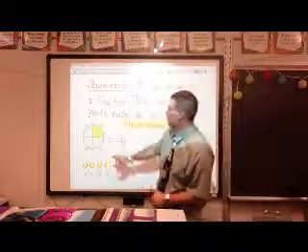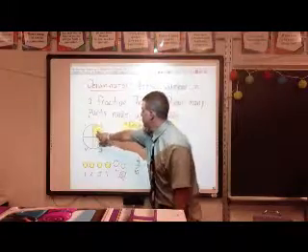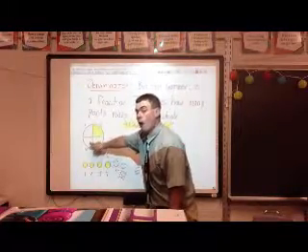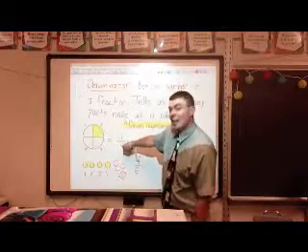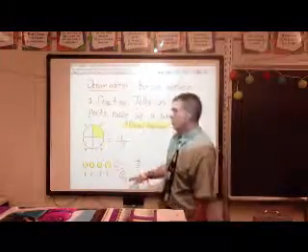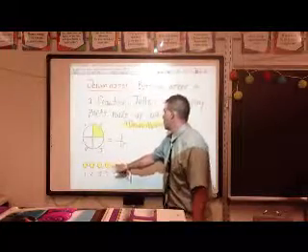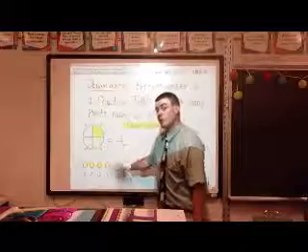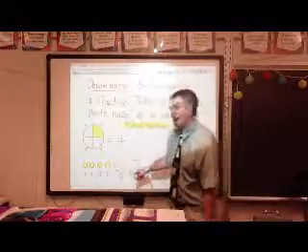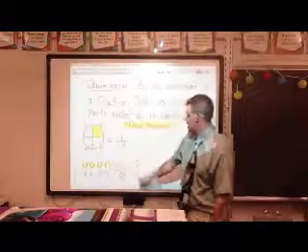Let's take a look at a circle. I have 4 parts that make up this entire circle. That is my denominator. Let's look at a set. I have 6 circles that make up the set. My denominator is 6.